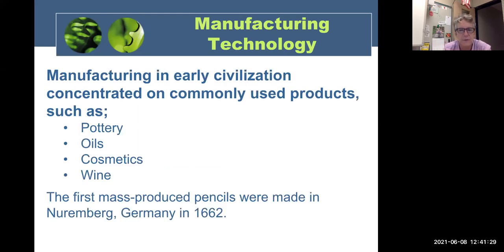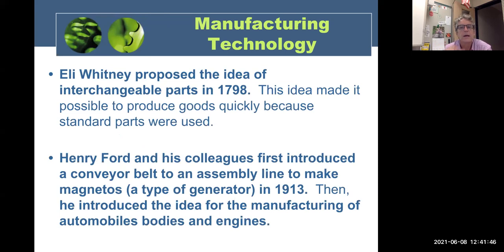Manufacturing in early civilization concentrated on commonly used products such as pottery, oils, cosmetics, and wine. First mass-produced pencils were made in Nuremberg, Germany in 1662. Kind of impressive.